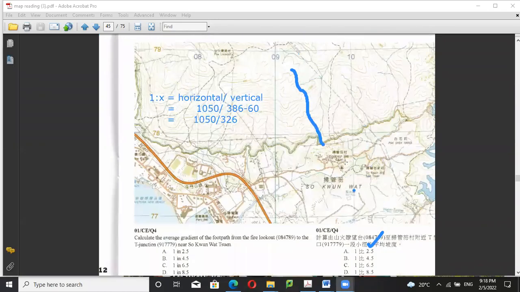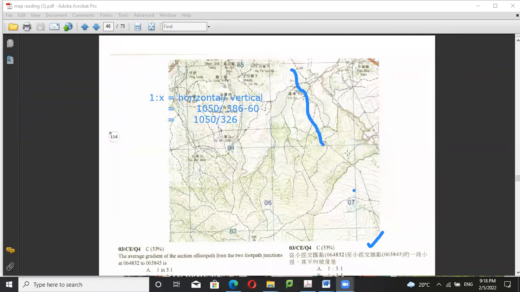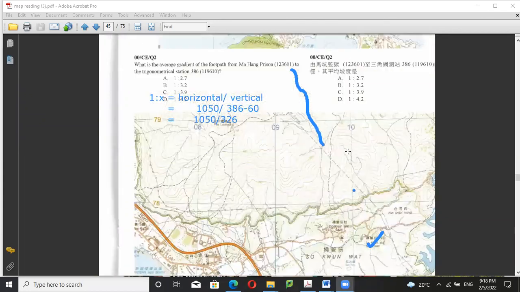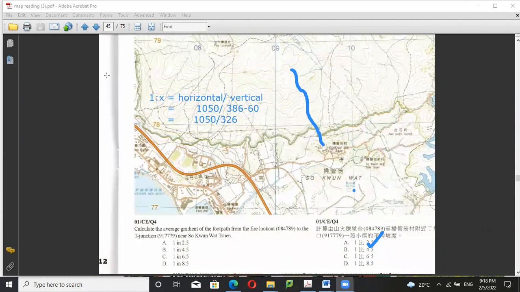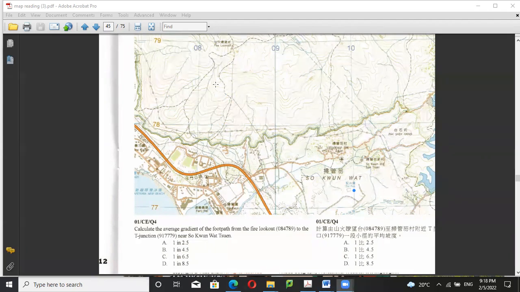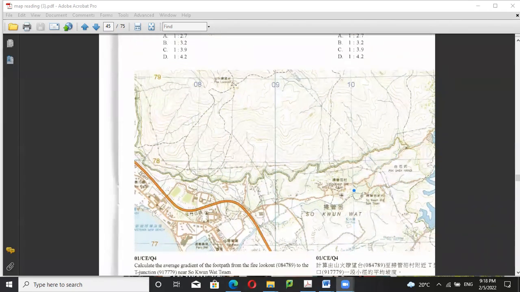Next up, this one, 01. From the fire lookout, where's the fire lookout? Right here.